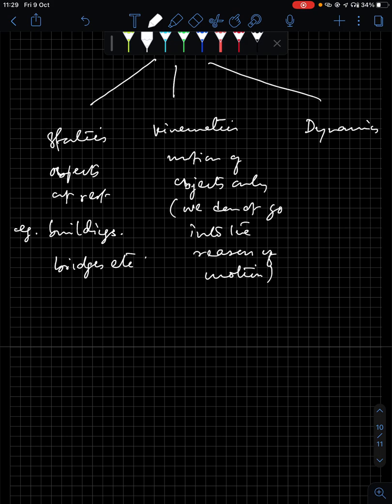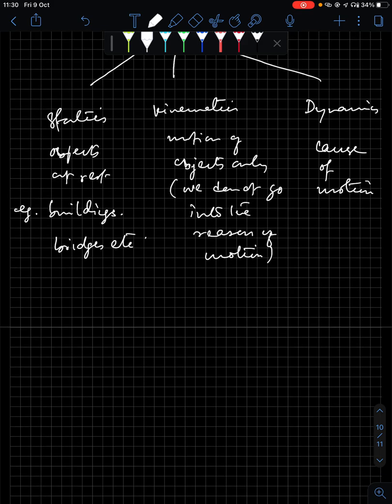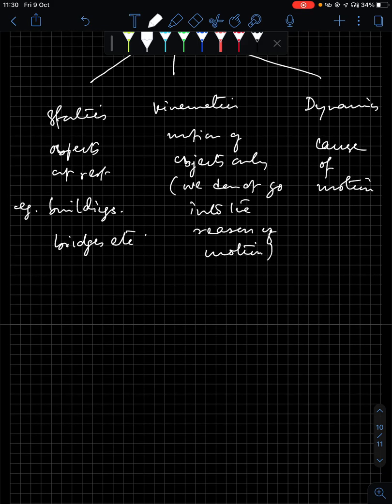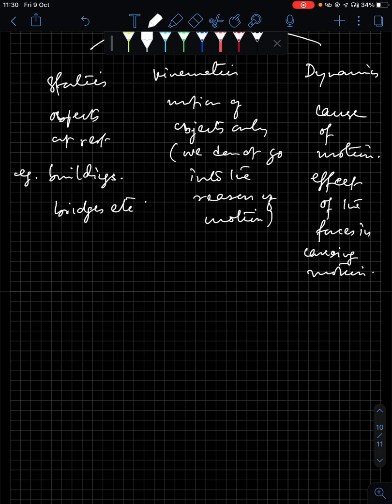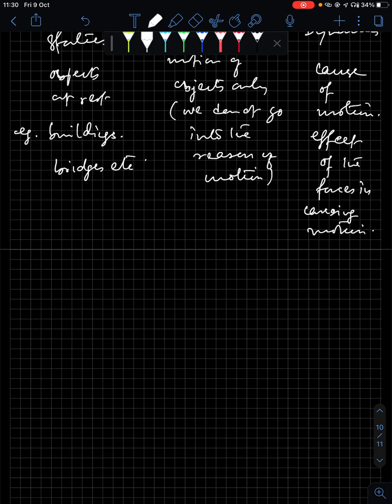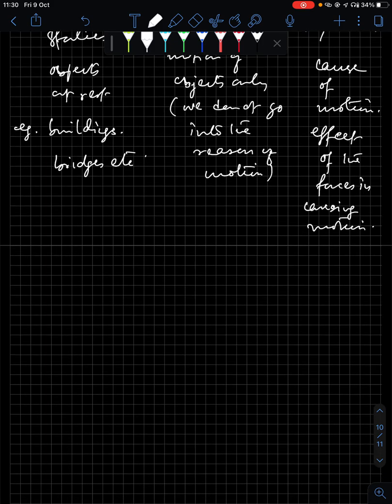Dynamics deals with the cause of motion. Here you study about the effect of forces in causing motion. All right, so these are the divisions that mechanics is divided into.